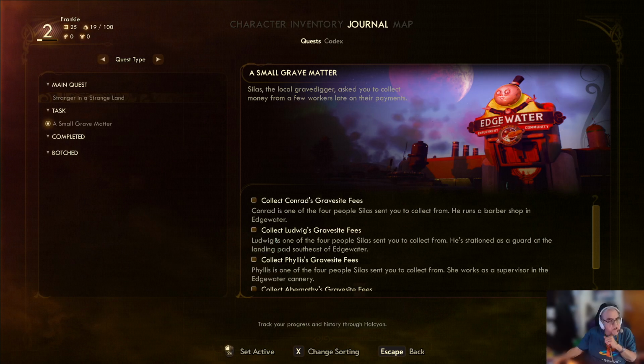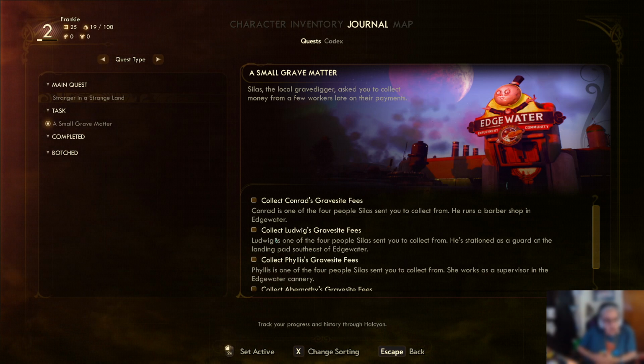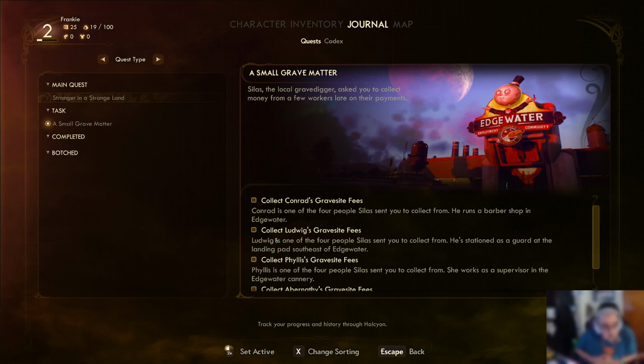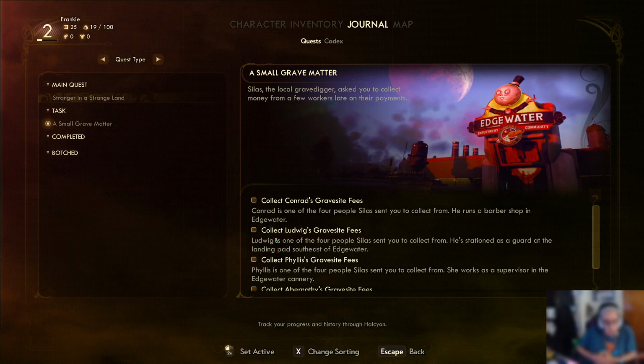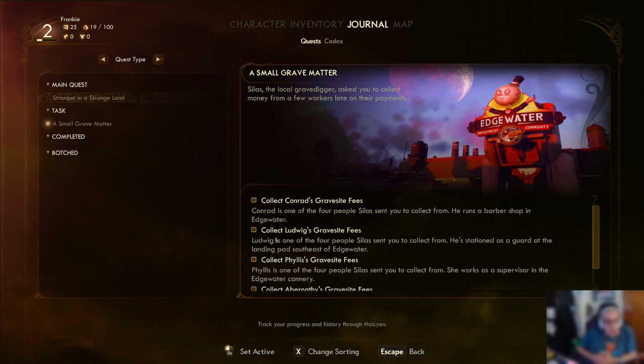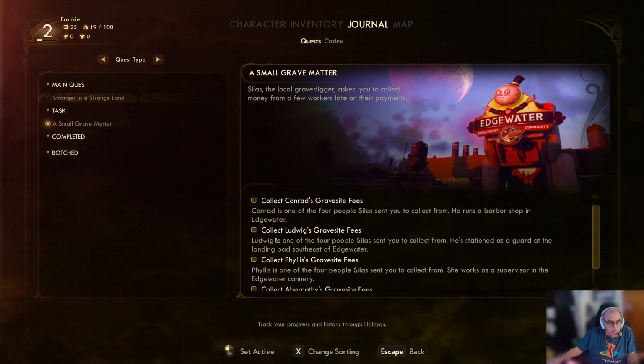This is a good early quest that you can get right away in the game because it introduces you to the town and some of the characters, but it also gives you a good set of world building narrative pieces that give you a more complete view of the game world.